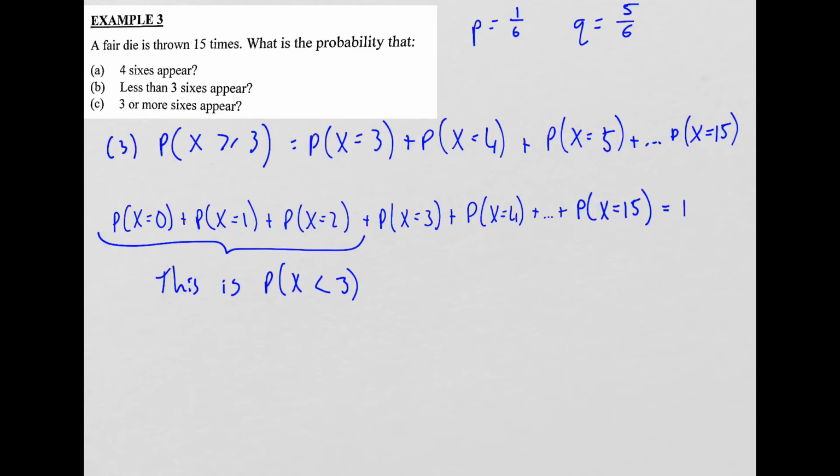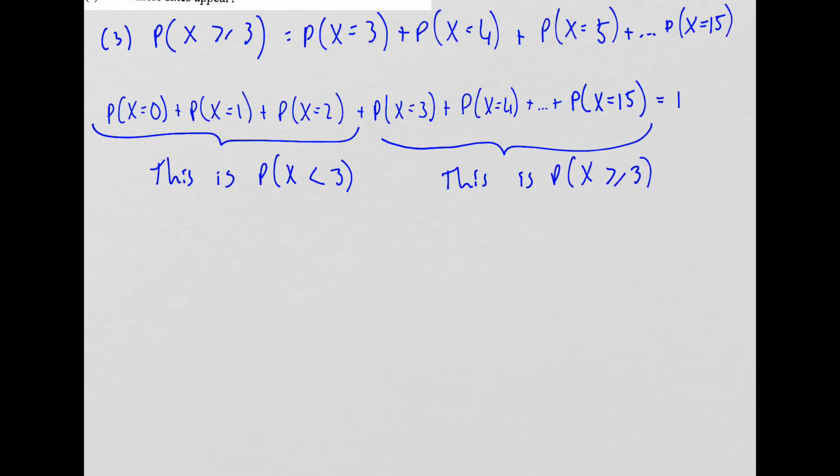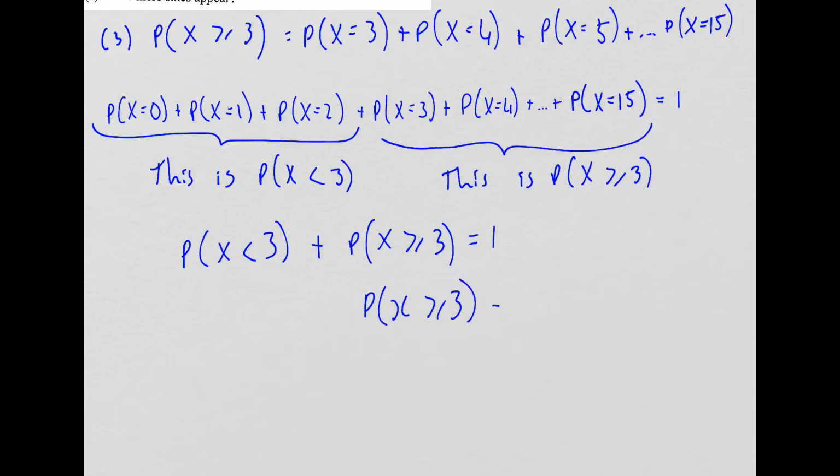And the remainder, up to the probability of x equals 15, is the probability of your random variable x being greater than or equal to 3. So in other words, we can state that the probability of x less than 3 plus the probability of x greater than or equal to 3, remember this leads on from the previous questions, must equal 1. So that means that the probability of x greater than or equal to 3 is equal to 1 minus the probability of x less than 3.